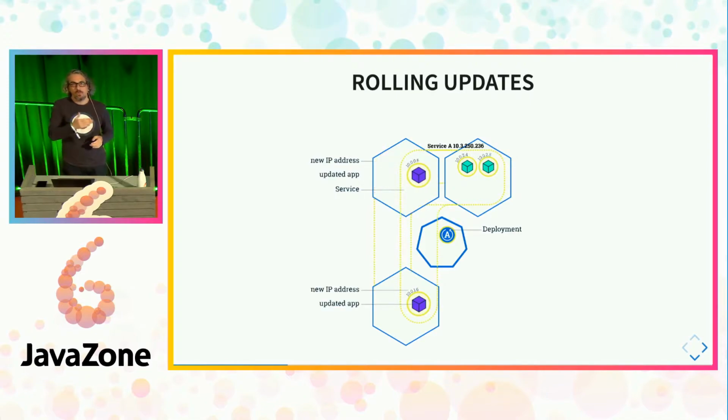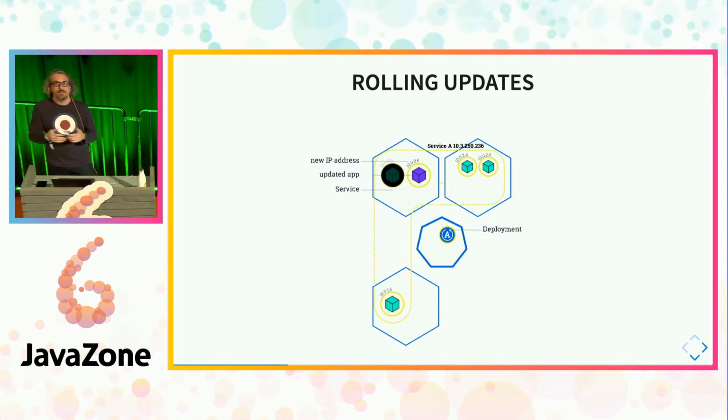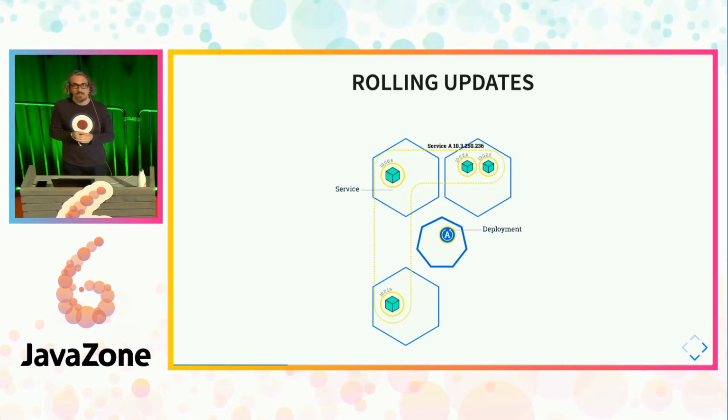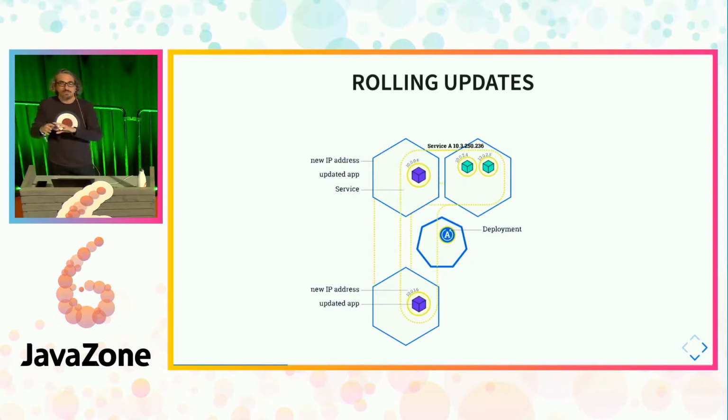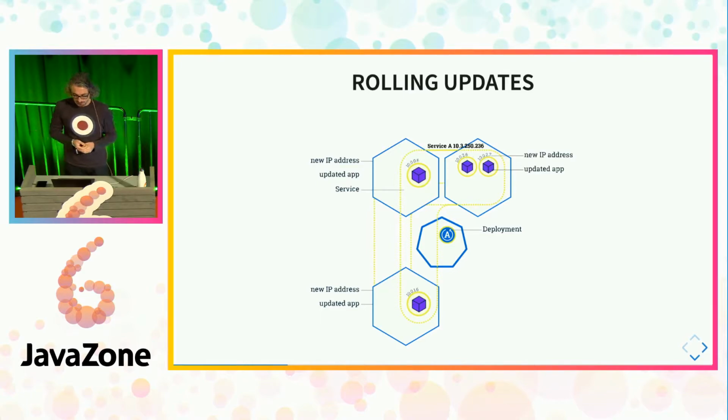You just roll one at a time, and you check that the new version is not blowing up before rolling to the next. And if there's some failure, for whatever reason, you can stop the rollout, and then you still have some containers, some VMs running on the previous version that users are still going to be getting, and everything is going to work.